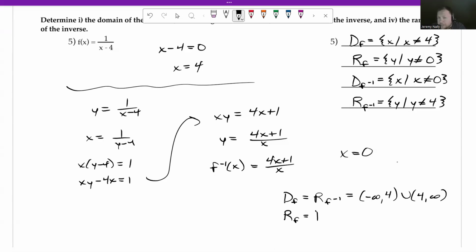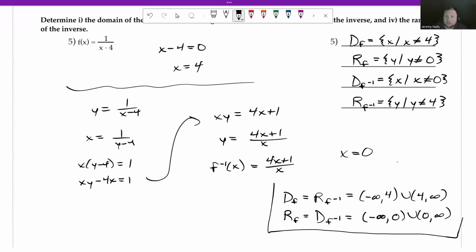It's convenient to use x and y, though, when you're thinking about domain and range. Okay, so there's the alternate version.